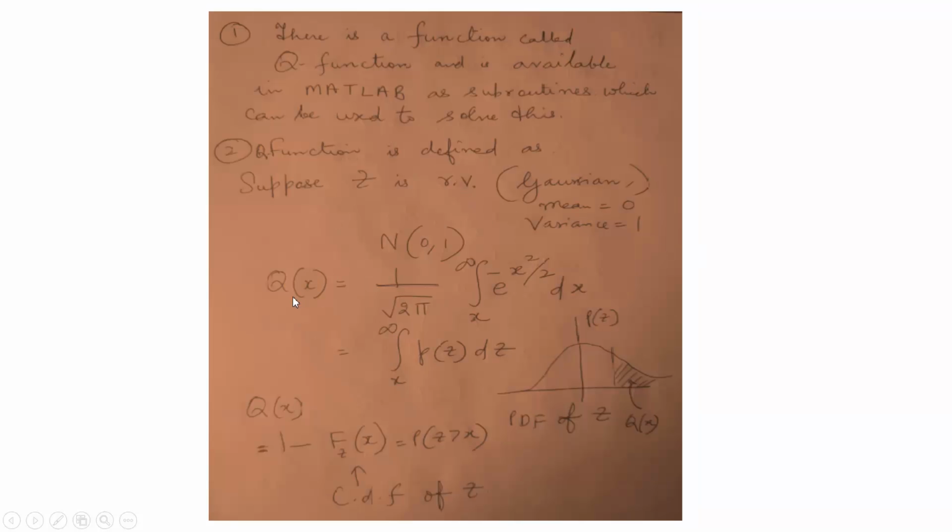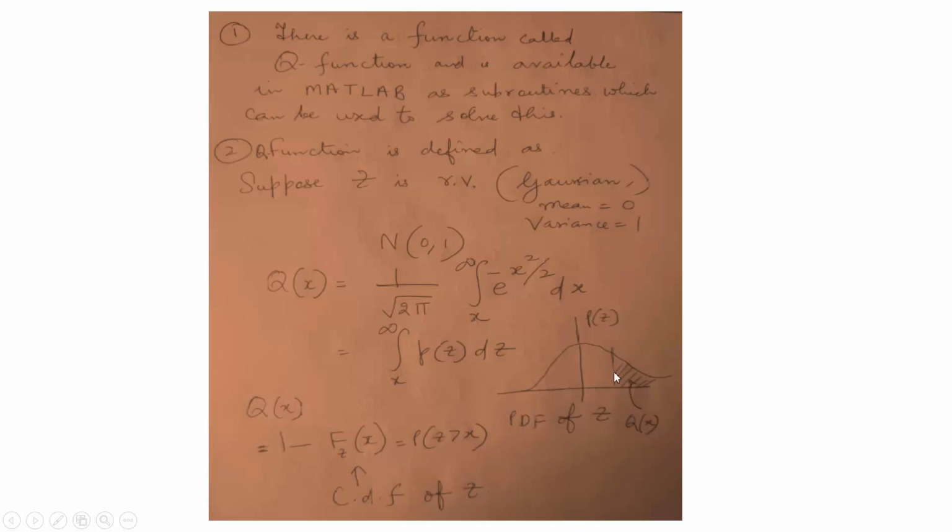So what is the Q function? The Q function is 1 over under root 2 pi, integral from x to infinity of e to the minus x square by 2 dx. How can we explain this? This is explained using this random variable z, and it is also equal to the integral from x to infinity of pz dz, where pz is the probability density function of z, the random variable.